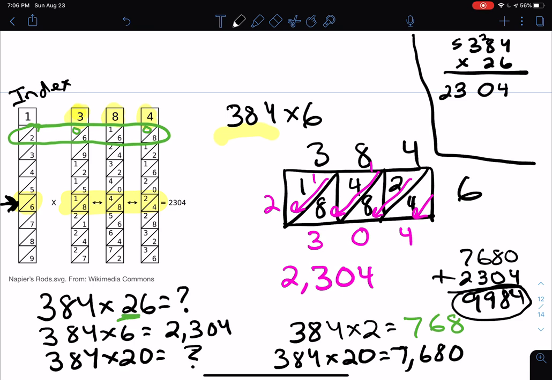So notice there's the 2,304 that we have right here. Then usually you put a 0 here, or an x, before you start multiplying the 2. 2 times 4 is 8, 2 times 8 is 16, carry the 1, 2 times 3 is 6, plus 1 is 7. Well, there's the 7,680 that we had here. And then you add them up just like we did.